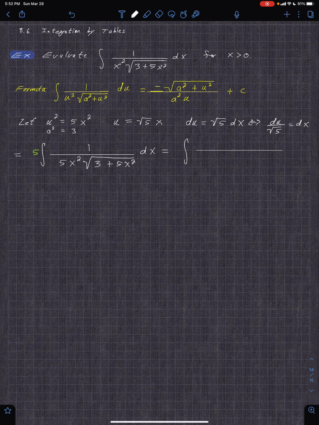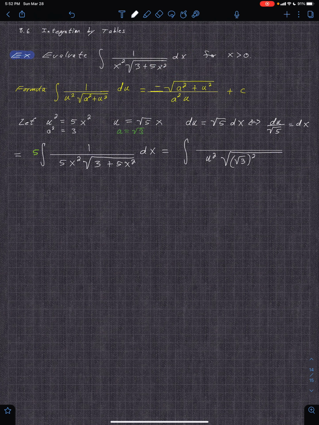So 5x squared is u squared, and then it's the square root of, and we can think of this as root 3 squared. So my a is root 3. You do have that a is root 3, but it really doesn't matter in terms of substitution.